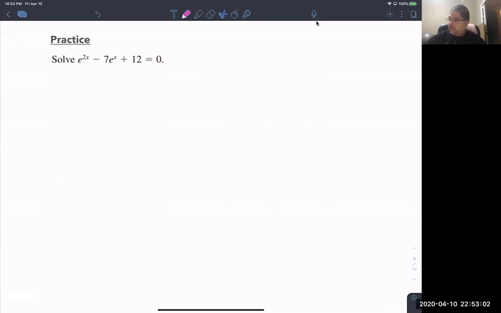And the trick is, well, e to the 2x is the same thing as e to the x squared, or e to the x to the second power. Because remember our properties of exponents. When I have an exponent raised to an exponent, I can multiply that. So e to the 2x is e to the x squared. So let's rewrite this and see if this helps us.